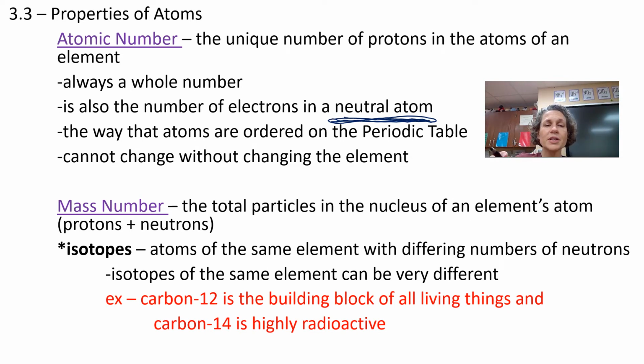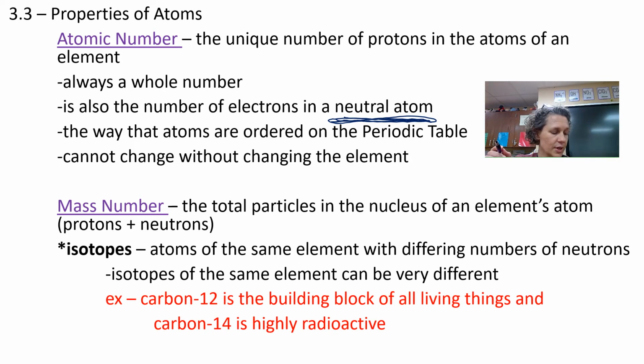On our periodic table, the numbers in the upper right corner, and every periodic table is a bit different, but in ours, notice they're all whole numbers. That's the number of protons. We call that the atomic number. If that number changes, then I have moved on to a different element. So this is the number that identifies what element you have.